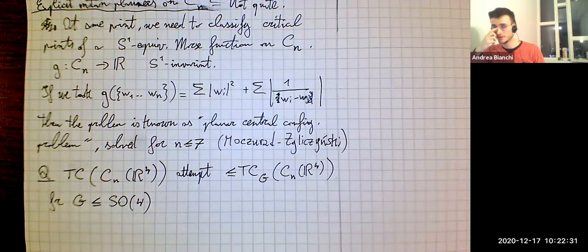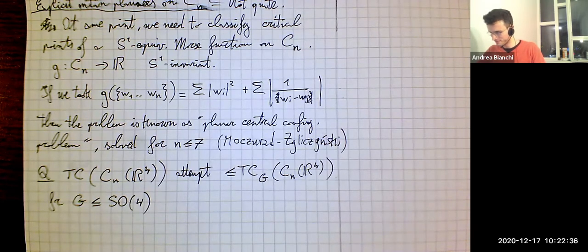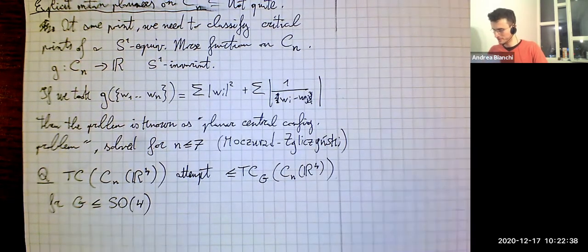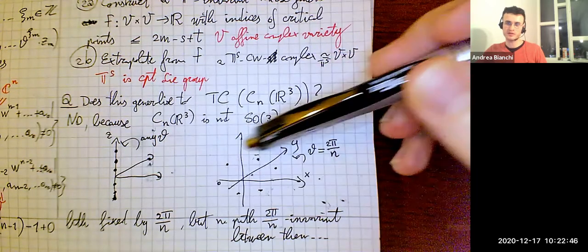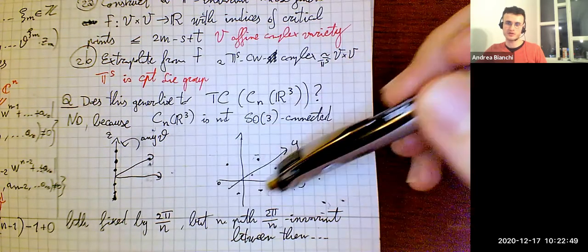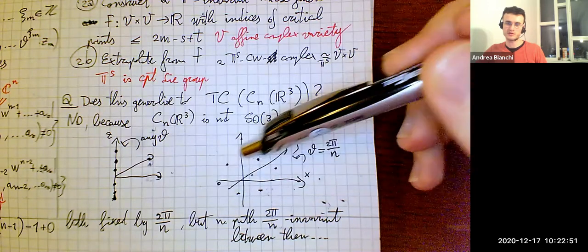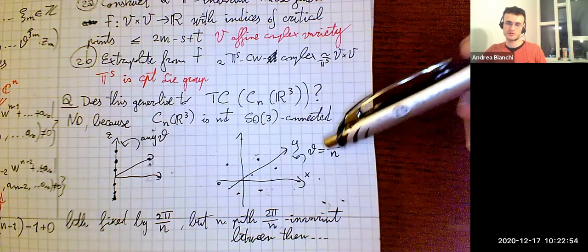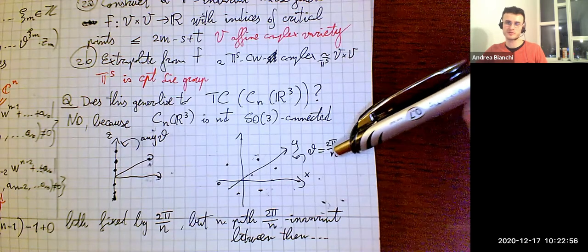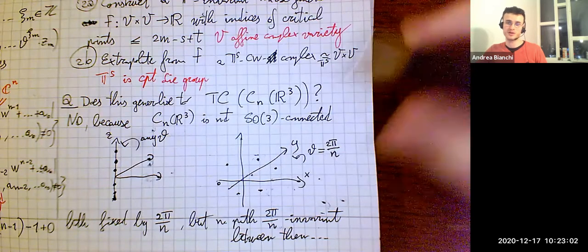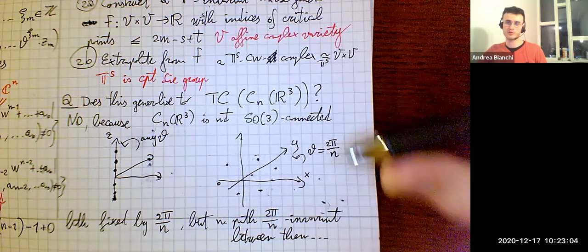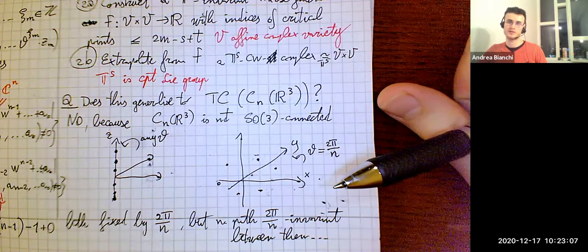In the ordered case, this problem doesn't quite arise, at least for the configuration that I drew here, because if points lie in the plane and are labeled, then no rotation which is not 360 degrees will fix an ordered configuration. So this issue is peculiar to the unordered case.